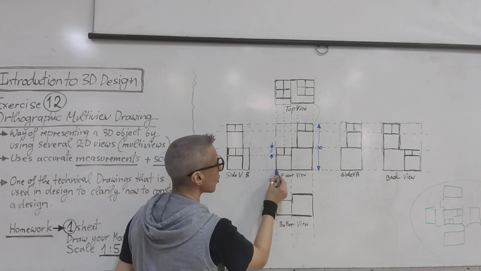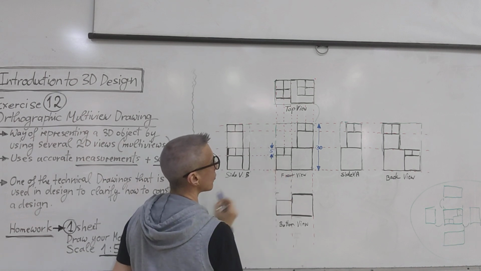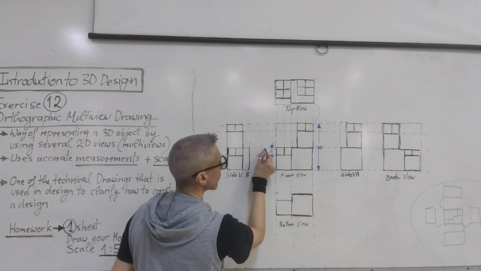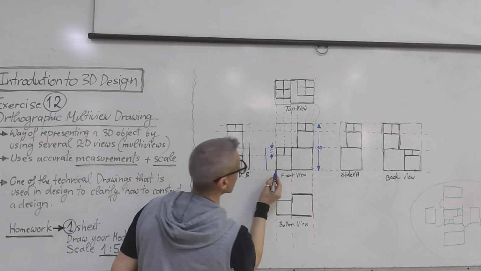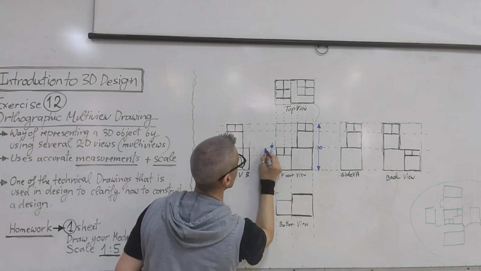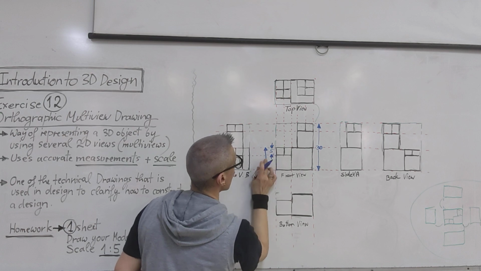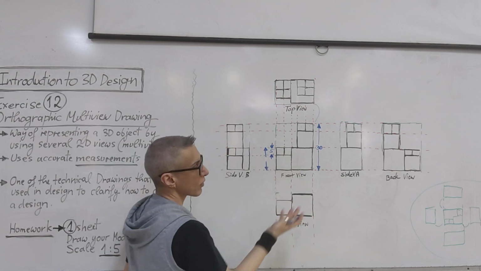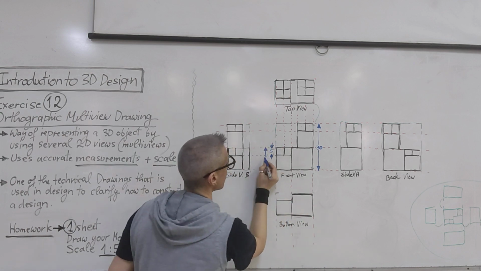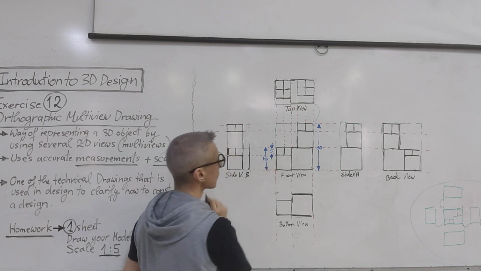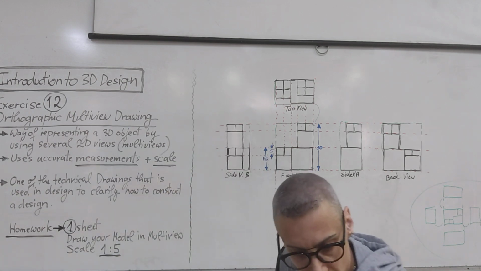Now, if I want to show, okay, from here to here, how much is it? We will draw another line here. And we will delete in the middle. So, for example, 10 plus 5, 15, for example, here, okay?